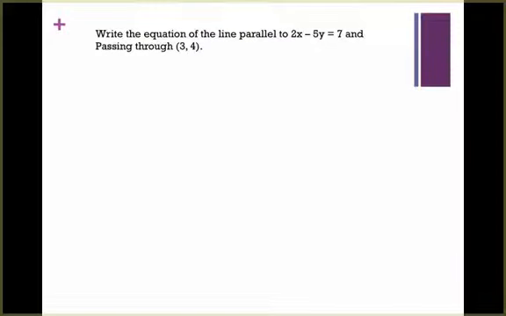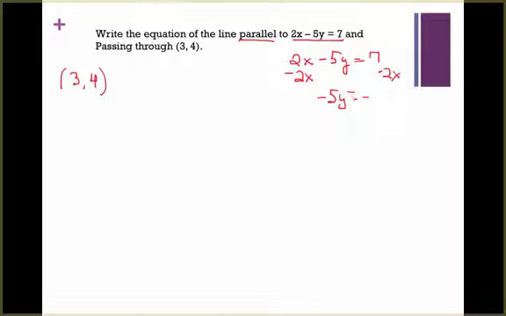In our last example, we're going back to a problem where we want to be parallel, but notice that this time my original line is not in y equals mx plus b form. So we know our point is 3, 4, but we're going to have to get our slope. I'm going to have to take this equation and get it in y equals mx plus b form so that I can find my slope. Let's subtract 2x, get negative 5y equals negative 2x plus 7.